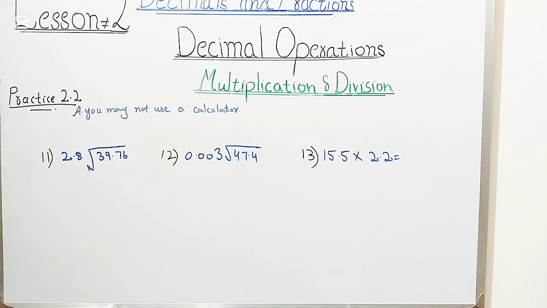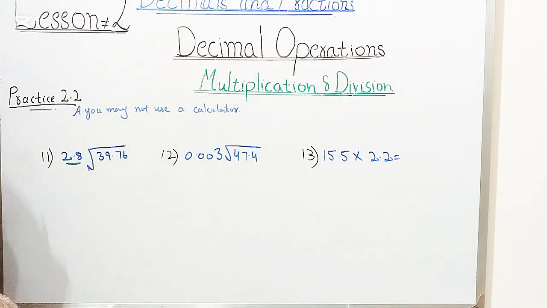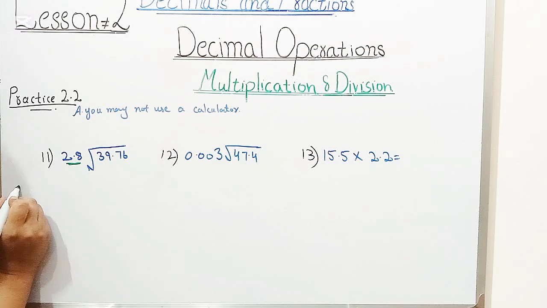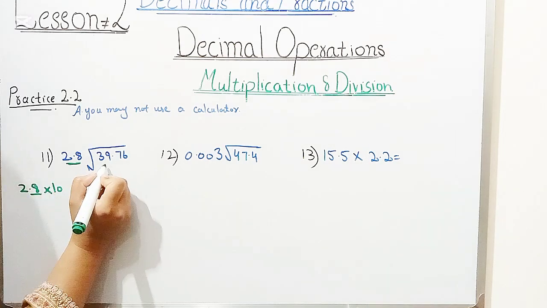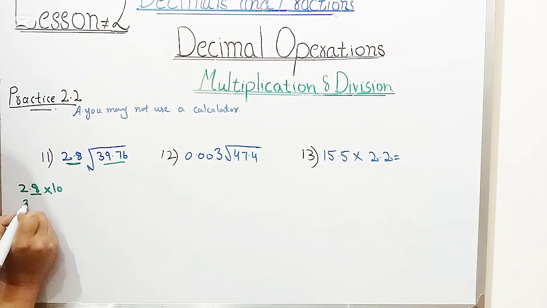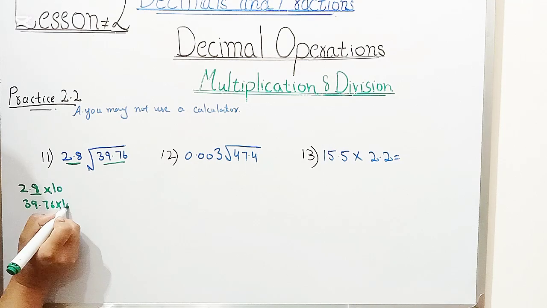Question number 11. 2.8 multiplied by 39.76. Firstly, as I said, the point will not be in the divisor. So I want to finish this decimal. Then I will multiply with 10. I will multiply 10 to both values.